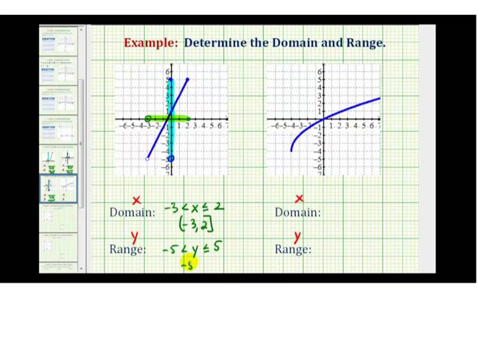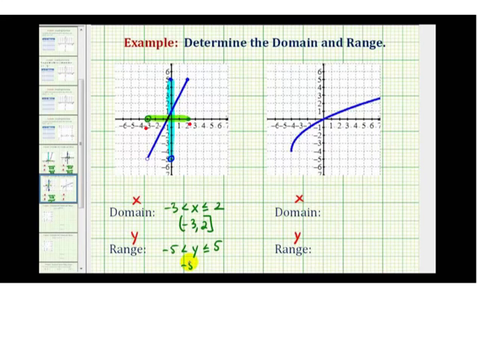All right, this says determine the domain and range. In this line, the domain is x, so you want to look at the x-axis, left to right. It goes from -3, and this is an open circle on -3, to a closed circle on +2.